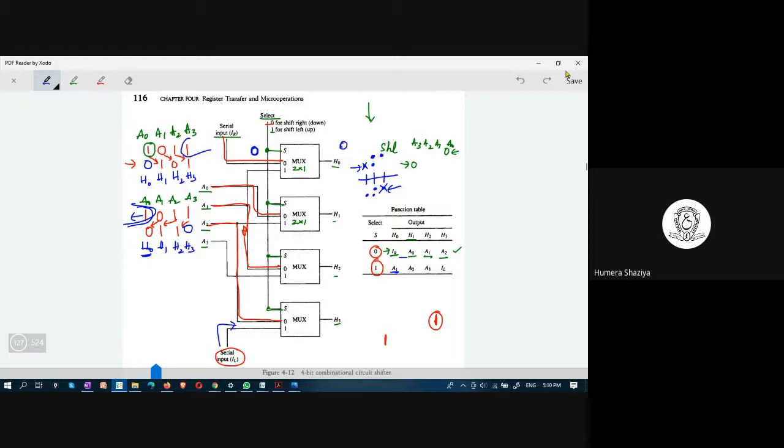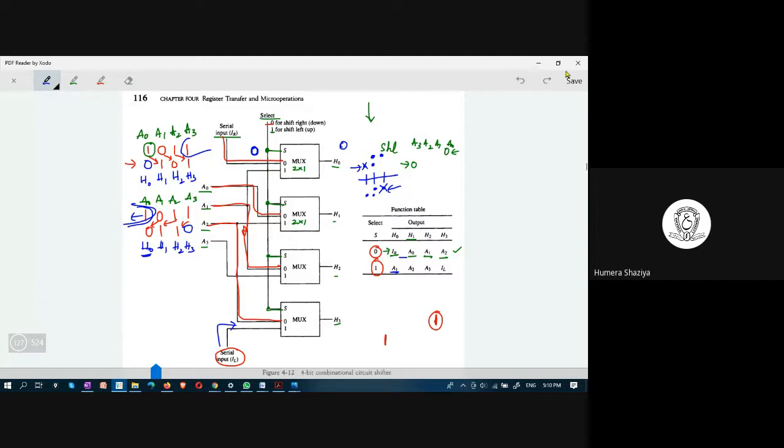When S is 0, the first multiplexer would receive serial input from outside, and also it loses this A3.